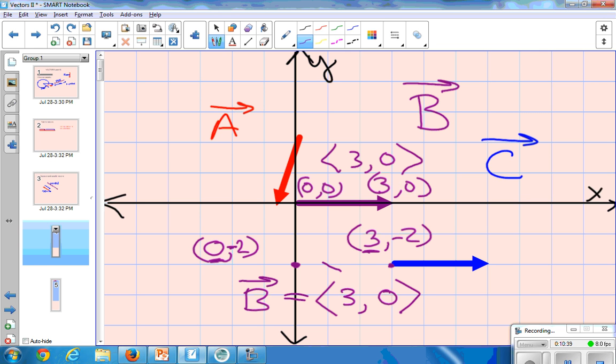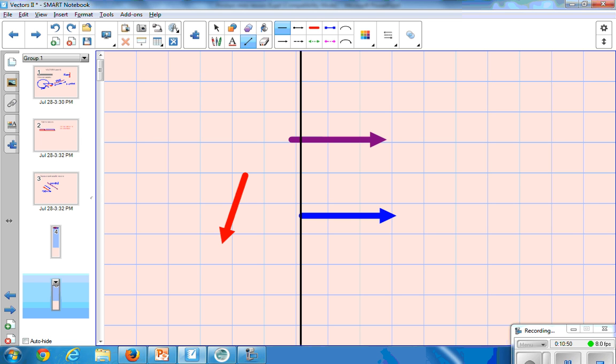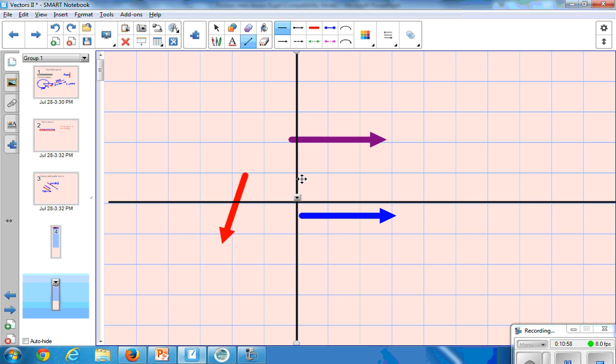So let's see how we add vectors. Let's go ahead and move over to a little less crowded area. Again, let's add in some axes. I'm going to move this guy over just a little bit, make sure it's right on there.